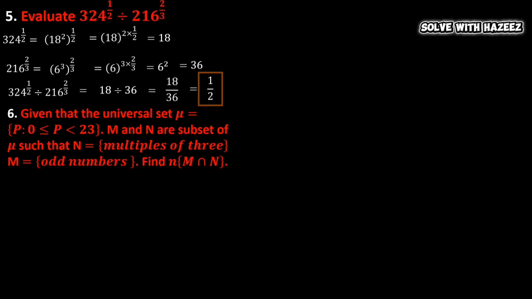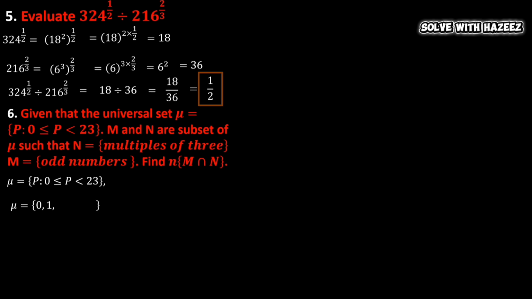Firstly, let us give the meaning of this universal set mu, which is equal to p, such that 0 is less than or equal to p, which is less than 23. This means that there is a set of numbers in which 0 is less than them, or 0 is equal to at least one of them. Then at the same time, that set of numbers are all less than 23.